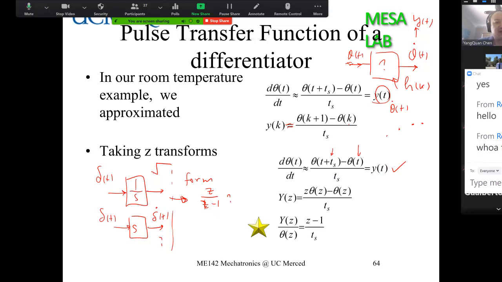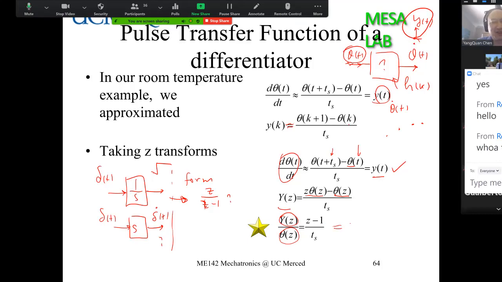So now let's write it, because I know that d/dt is considered as y. So y is output, theta is input. So I have theta(t), theta(z), so plus then is z theta. So y divided by theta, this is in, this is out. Out divided by in is my transfer function.